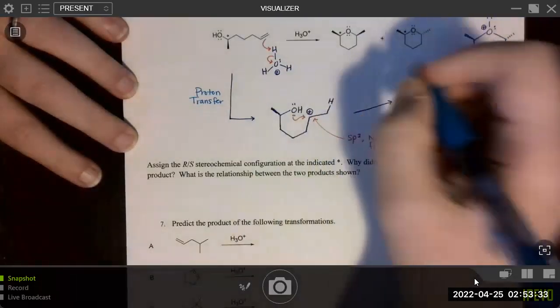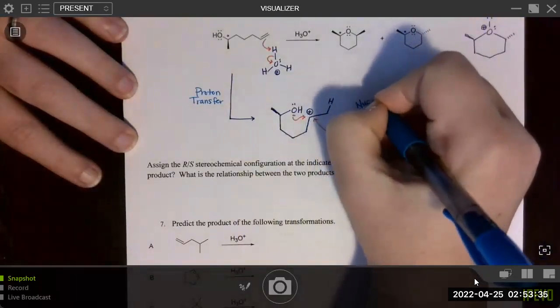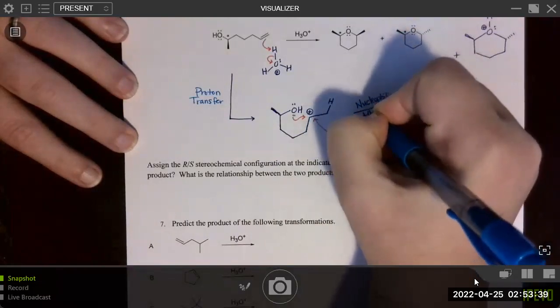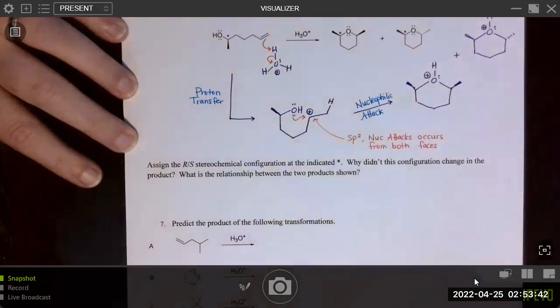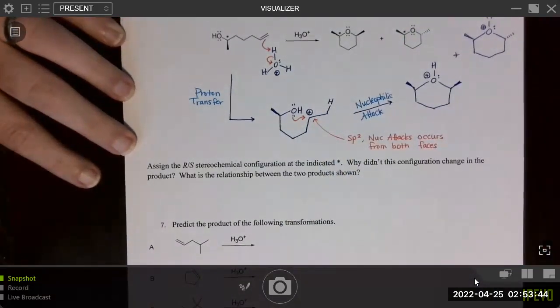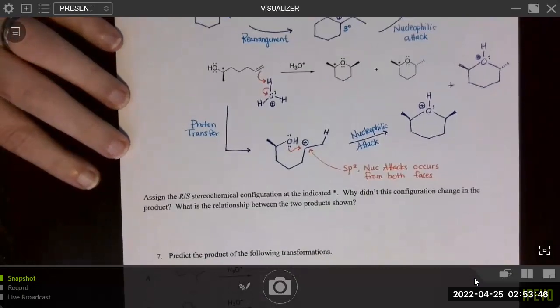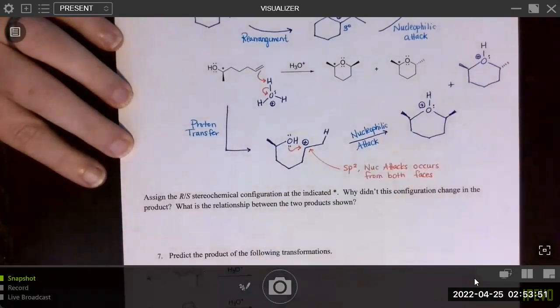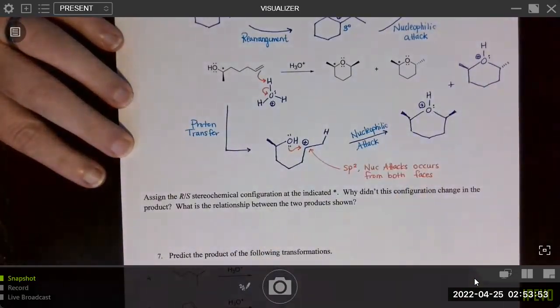Go ahead and label this. Okay, so because the attack occurred from both faces, we end up with both stereocenters at the carbon that was substituted. So we just need to do our final proton transfer to get to the products.